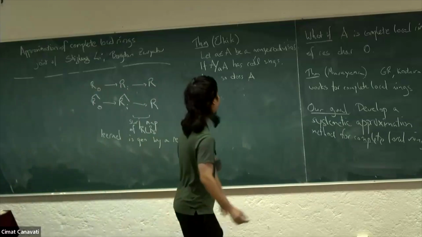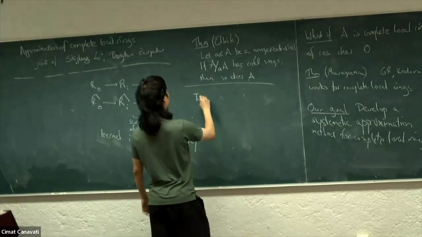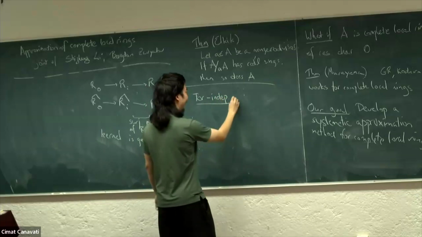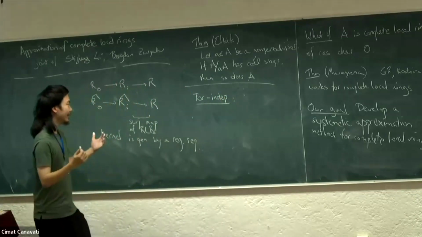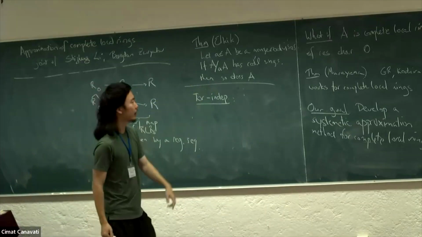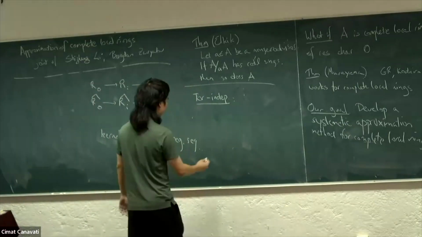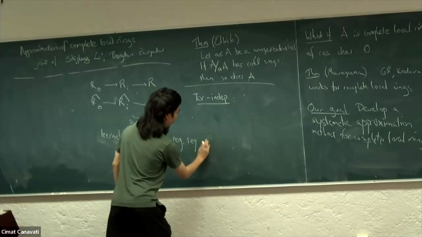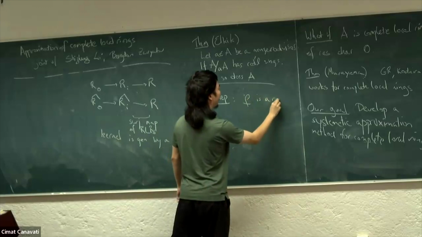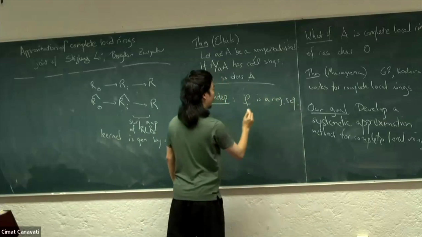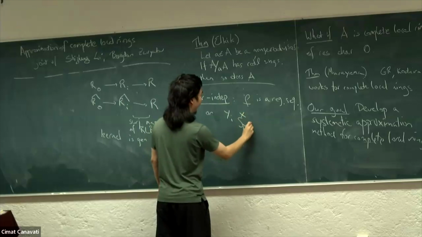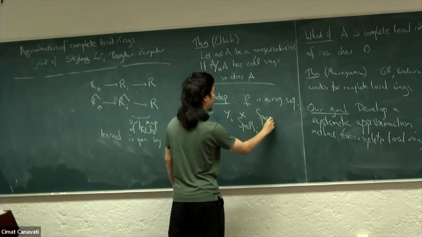And this Tor independence condition exactly says that the same regular sequence stays a regular sequence on the level of A and Y. So let's say this regular sequence is rho. Rho is a regular sequence. So I do need to take this base change to completion.